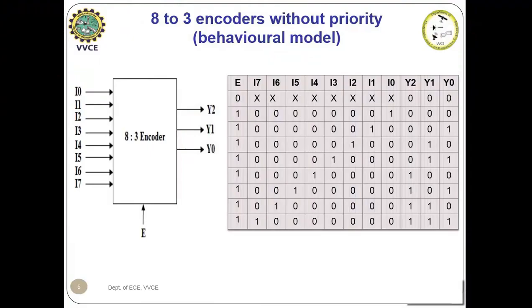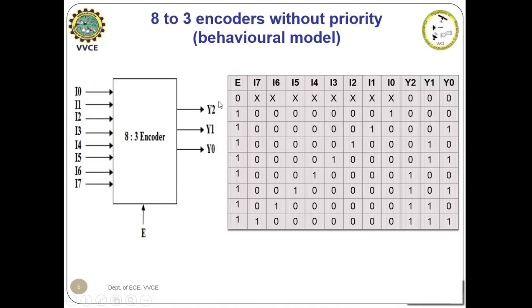Now we'll move on with the next program, 8:3 encoder without priority behavioral modeling. Now this shows the block diagram of 8:3 encoder where I have 8 inputs, I0, I1, I2, I3, I4, I5, I6, I7 with enable as the input.